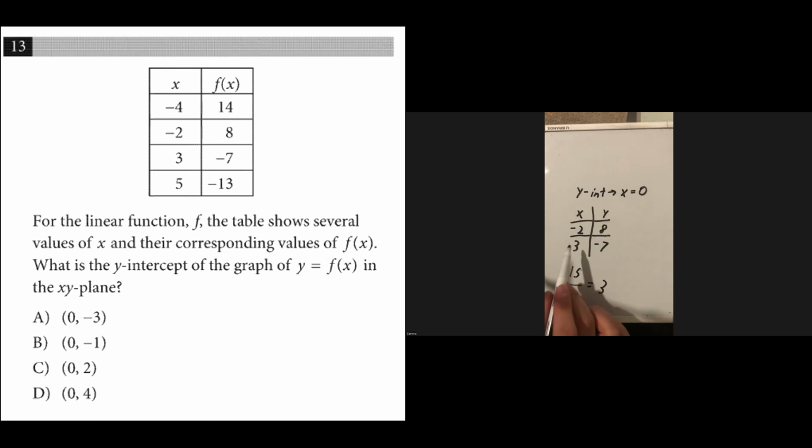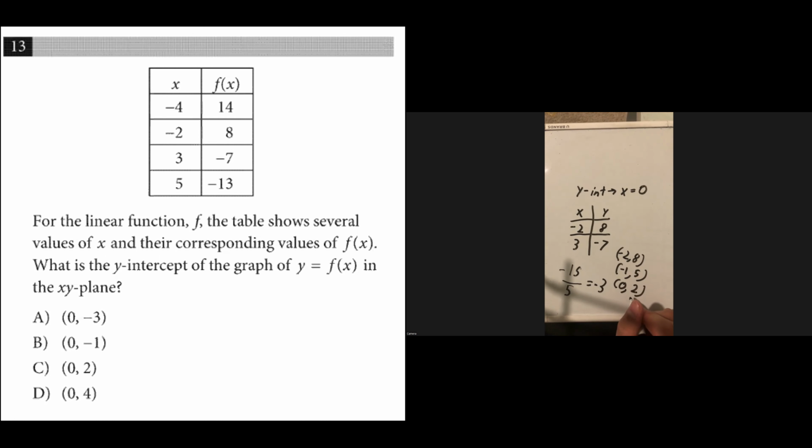And so we need to get to x equals 0. So we have negative 2 comma 8. Then it would be negative 1 because we added 1 to x. So we'd have to subtract 3 from y. So that would become 5. And then 0, comma 5 minus 3 is 2.